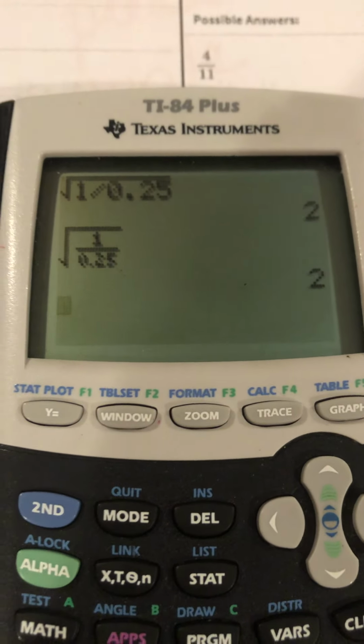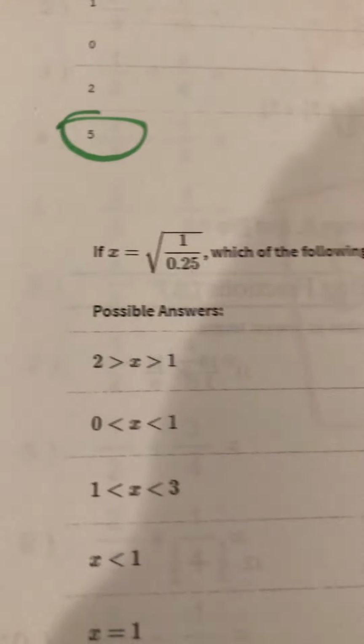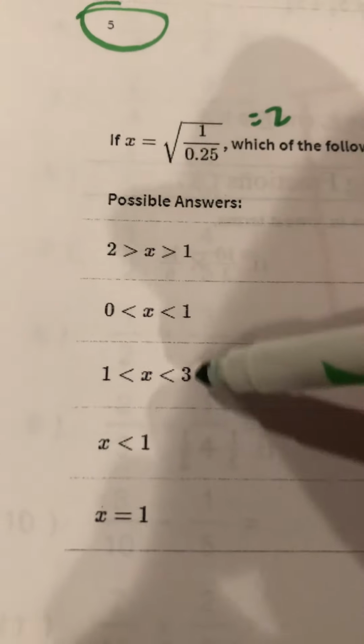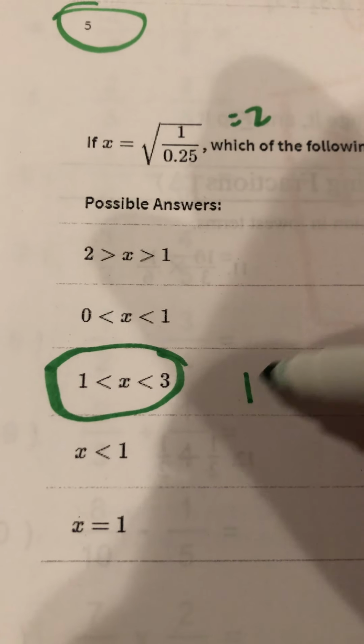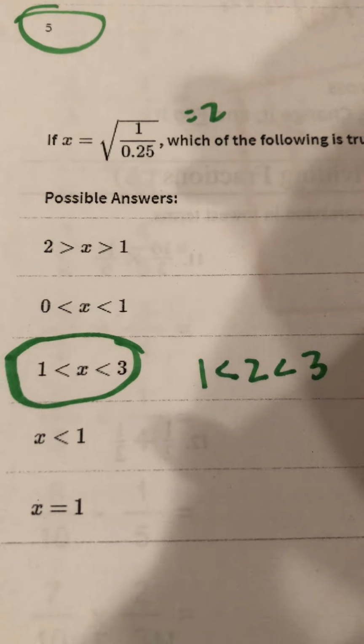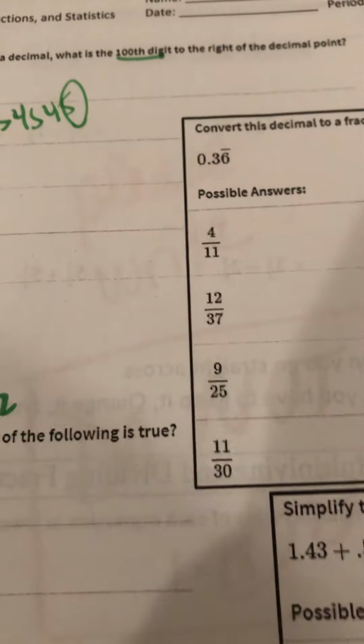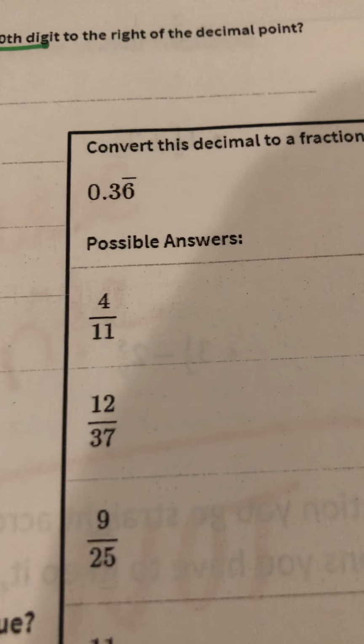Either way, same answer. But so the answer's 2, but they didn't give us that. So you would have to see that right here. 1 is less than 2 is less than 3, like that. Sometimes they do that.